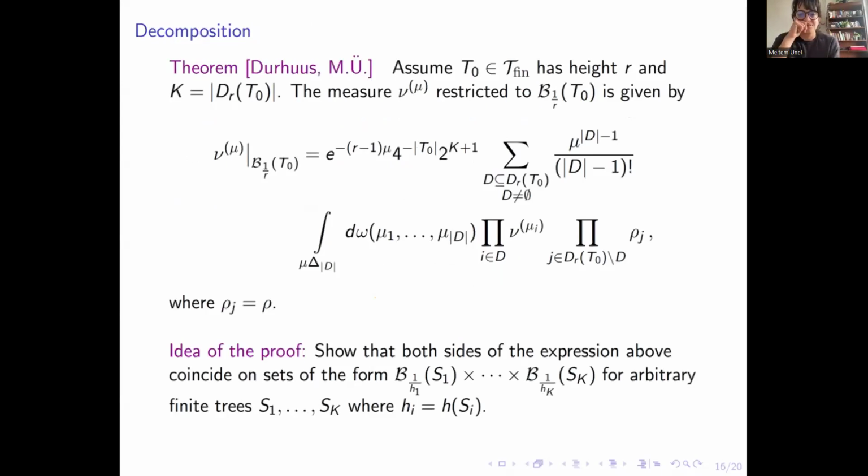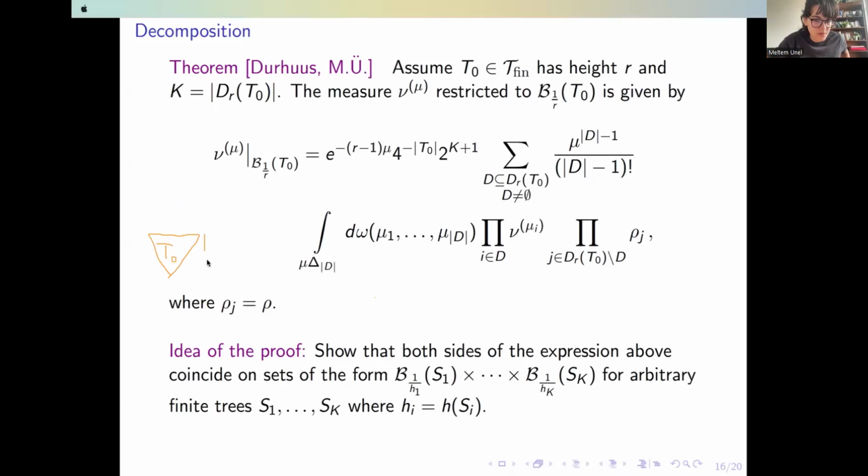So the following theorem is the decomposition of the measure nu mu once we restrict it on the ball of radius 1 over r around T0, where T0 is a tree of height r. So I will try to annotate maybe. I take a tree, T0, of height r, and I look at the ball around this tree.